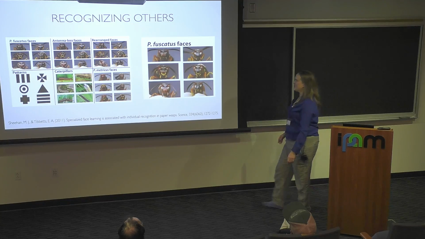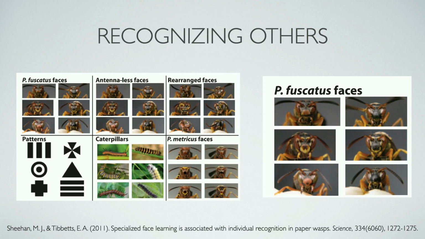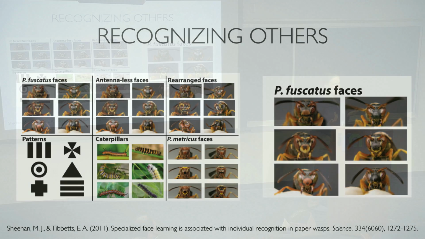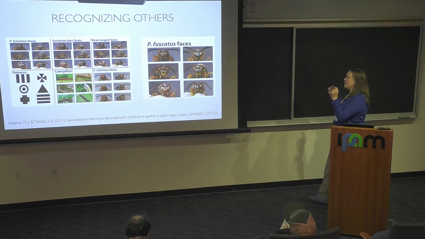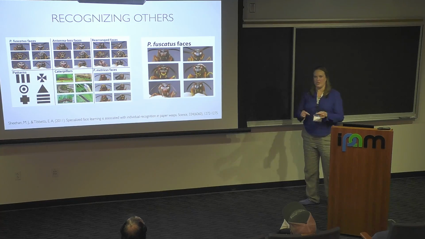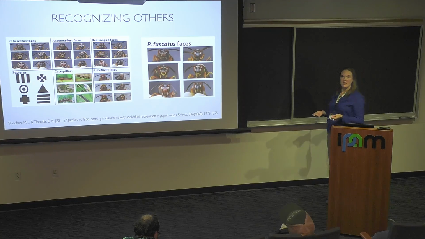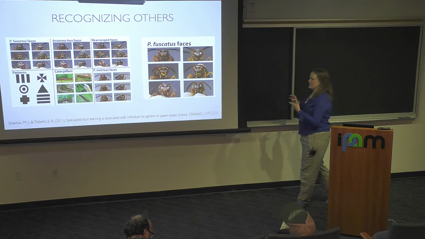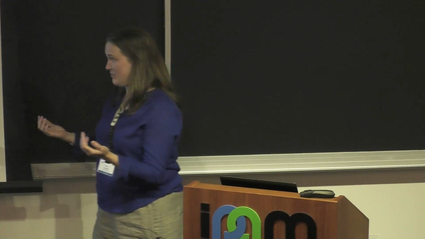I had to have one insect paper in my talk. So we were talking about individual recognition earlier in the week. There is nice evidence across animal species that some species have very good individual facial recognition for individuals in their species. This is obviously true for humans, it's true for great apes, it's true for sheep. There was a beautiful study with sheep.